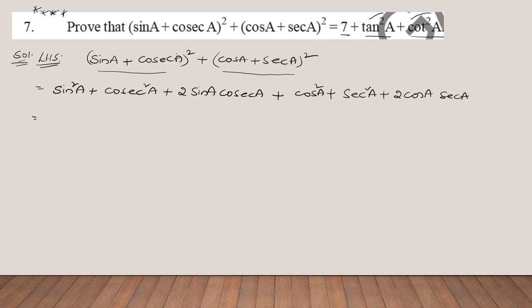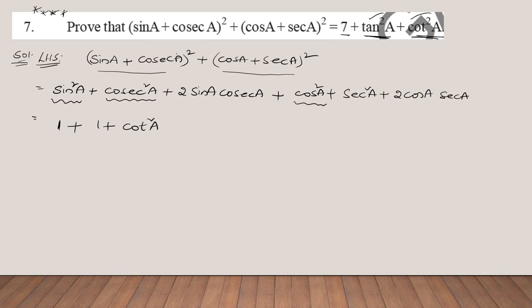Now if you observe carefully, sin square A plus cos square A, what is the value of sin square A plus cos square A? It is nothing but 1, plus. Next, we require everything in terms of tans and cots. Now cosecant square A I can write as 1 plus cot square A, right?